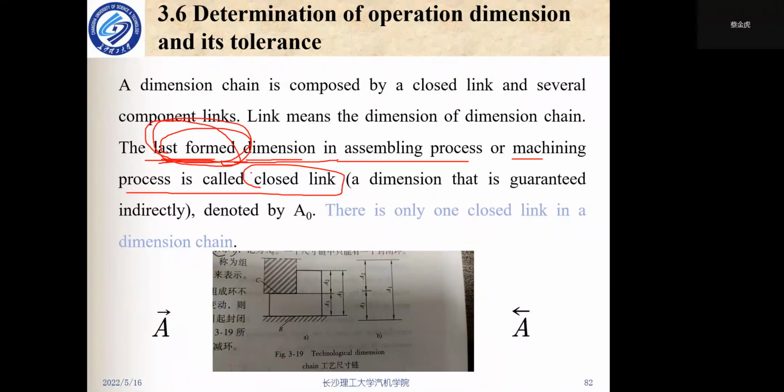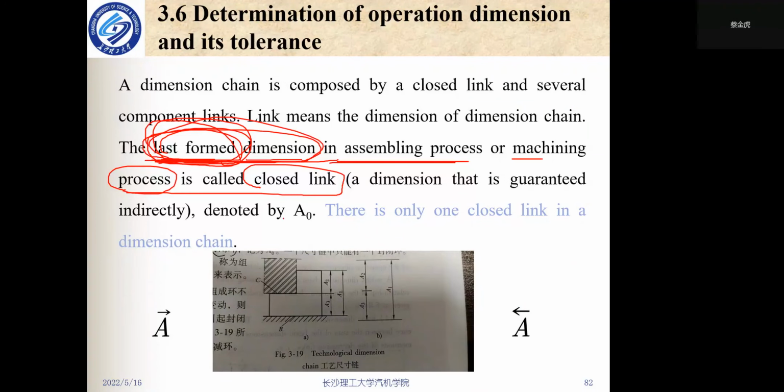So the first step is to say which one is the closed link, defined by the last formed dimension in the process.